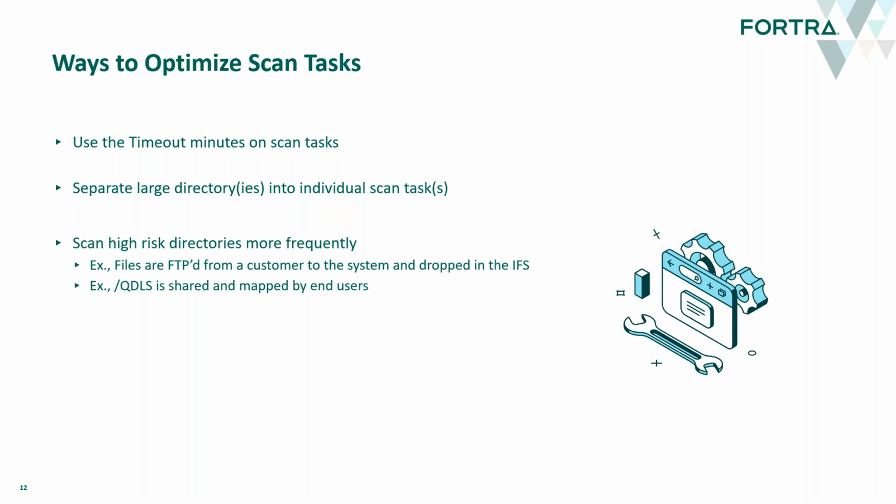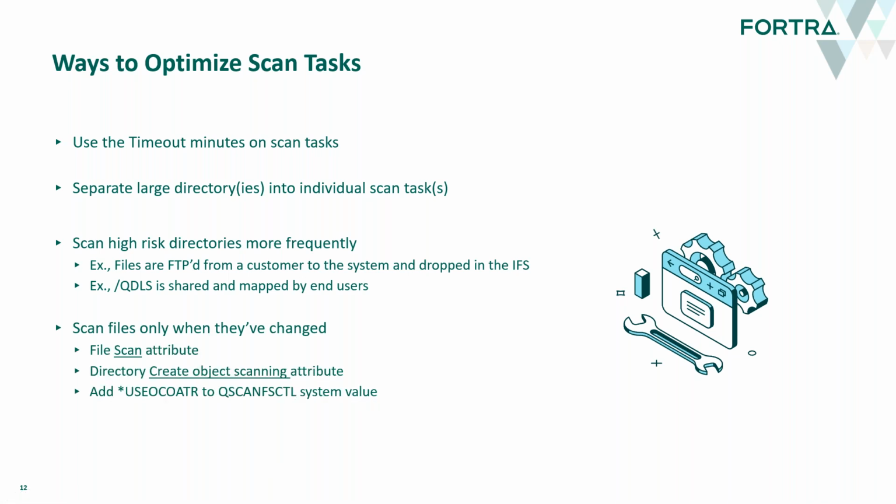But also, if you have shared that pesky QDLS directory and you have end users actually using it still, I have some legacy situations where customers can't get rid of it because of the way their application's configured. So they will do that. IBM actually doesn't support on-access scanning for your QDLS, so this is very helpful in ensuring that those infected files are not landing there and staying there.